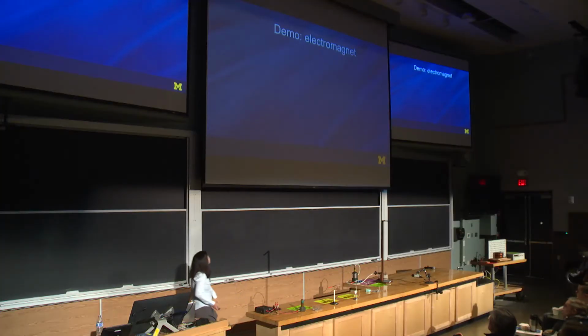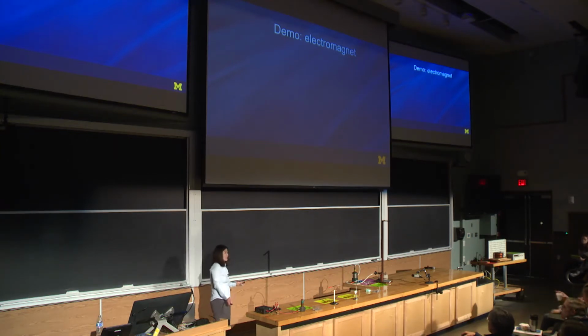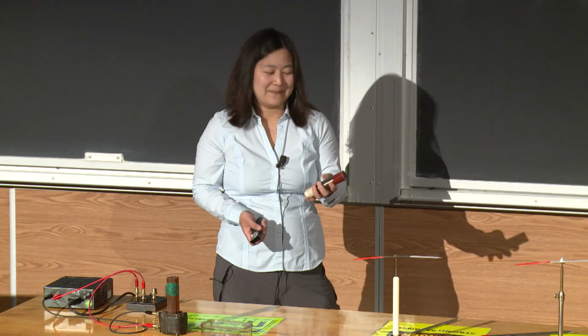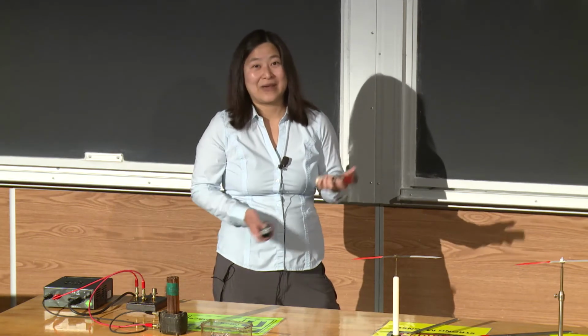So that brings me to my first demonstration, which is this electromagnet. The reason I wanted to talk about the electromagnet at this point is because there are permanent magnets that can store zeros and ones, but a memory isn't very useful if you can't change it, if you can't rewrite it.